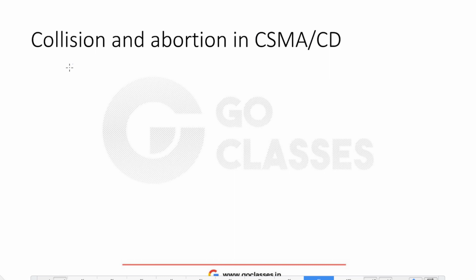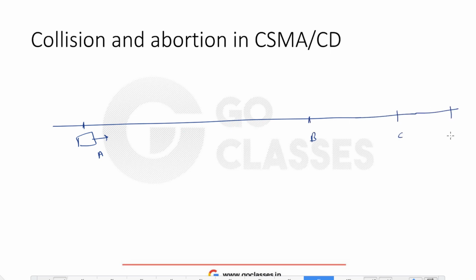What do I mean by collision in CSMA/CD? Suppose that you want to send some packet from A, this is A, this is B, this is C, this is D, from A to D. What is the first step? The first step is that A will sense whether the channel is busy or not. In this case, A will say that okay, there is no packet on the channel, it is idle, right? The channel is free.